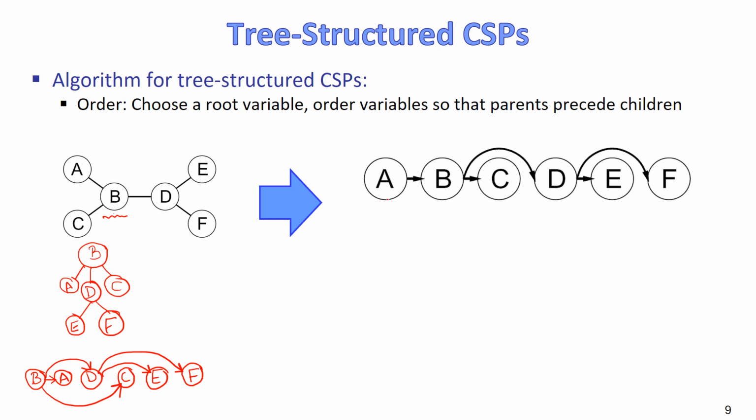So we can order them as A, B, C, D, E, F. If we do that, you will find that the tree will be A, then we have B, then B has C and D, and then D has E and F. And then you get this order out of it. Take the root as you wish. Any node will be okay as a root. But fix that and then order the nodes accordingly.